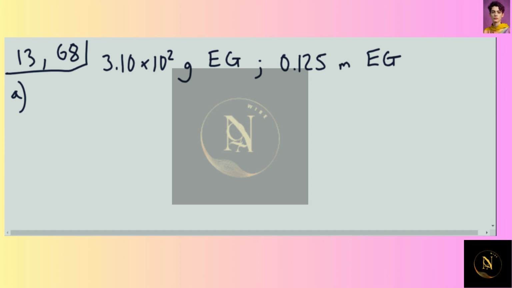So we can assume our own volume for the moment. What we're worried about right now is just figuring out how much water we need. So let's assume 1 kilogram of water.